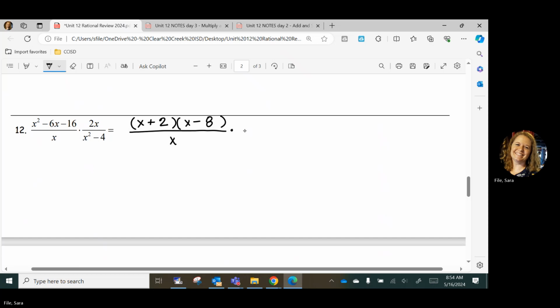The numerator up here cannot be factored, but the denominator is a difference of 2 squares again. What does a difference of 2 squares factor to? What's the square root of 4?